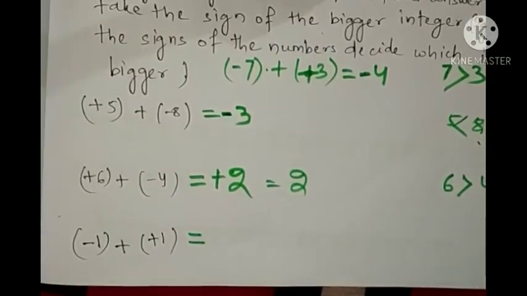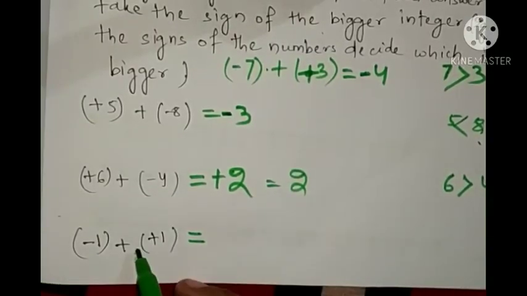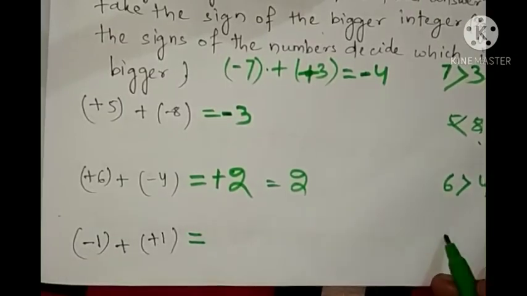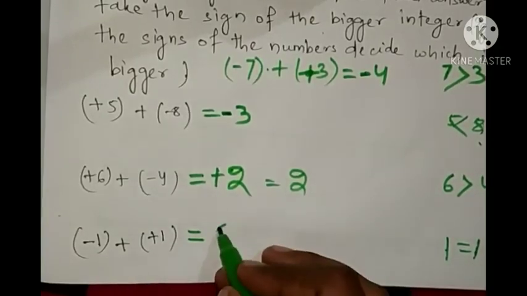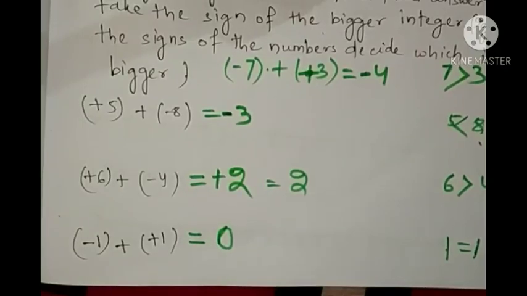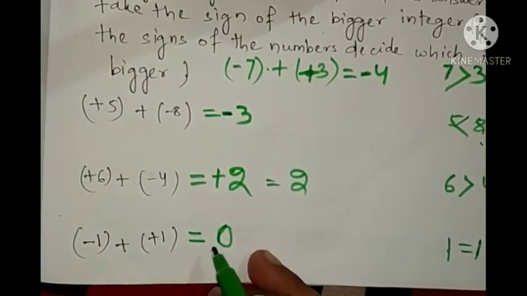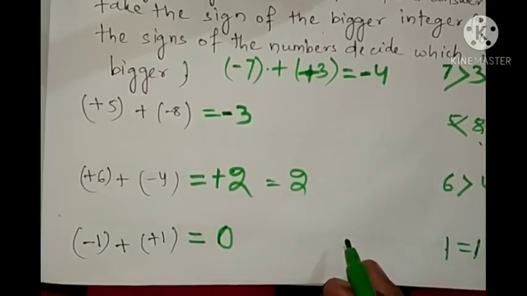Next, minus 1 plus 1. Here both numbers are equal, so 1 minus 1 equals 0. There is no sign, because 0 is neither positive nor negative.